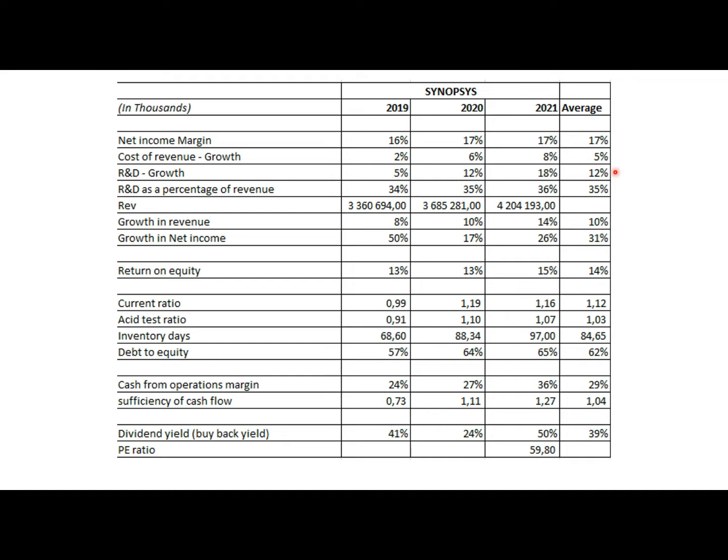That is justified. Spending does appear to be justified, considering that Synopsys is returning on average a compound rate of 10% over the past 3 years in revenue growth. The industry average is 8%, so costs are justified in driving growth and profitability when you consider that net income is growing at an average of 31%.